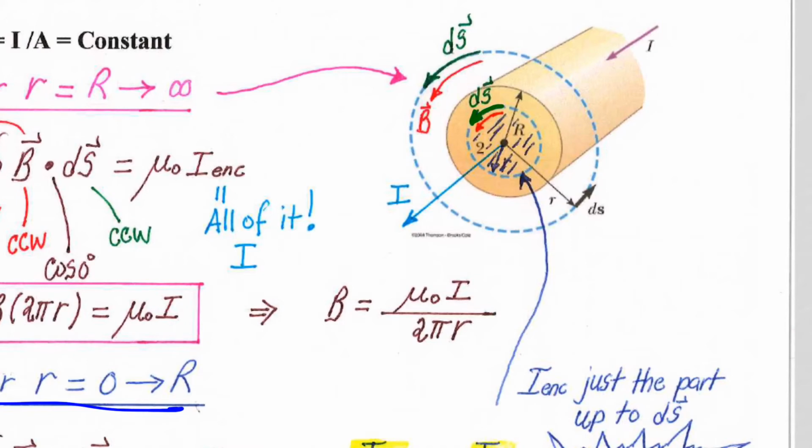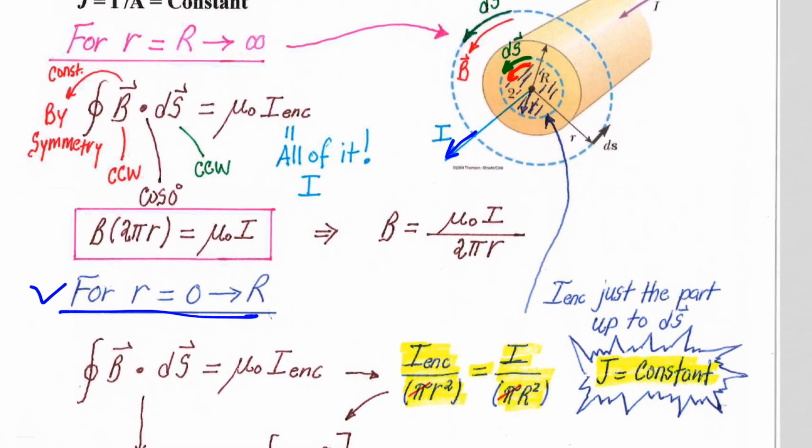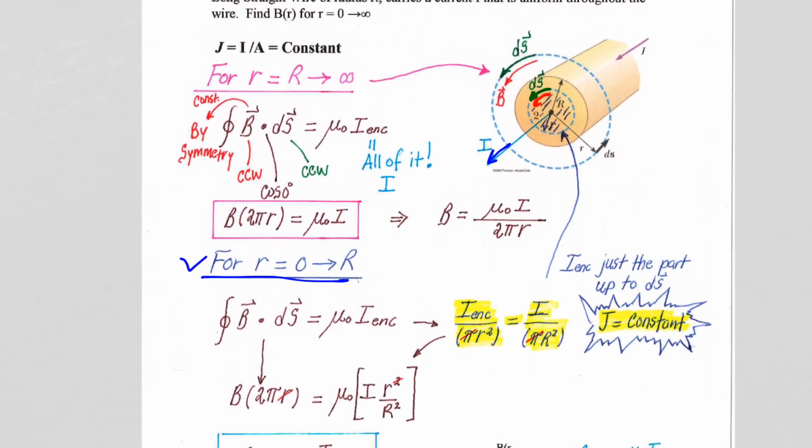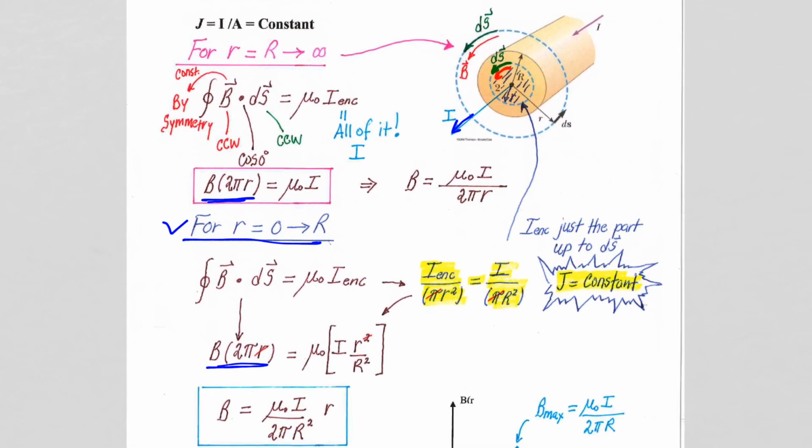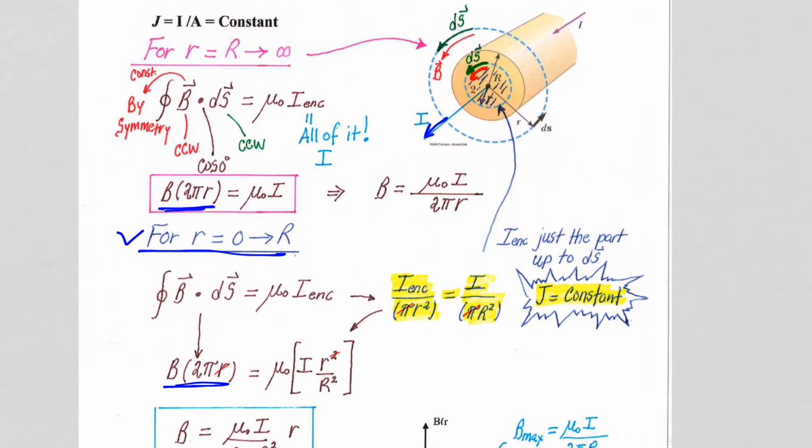The current is coming out of the paper, just like it was. So the magnetic field from the enclosed current goes counterclockwise, cosine of 0. So the left-hand side of Ampere's law remains the same. So the B times 2 pi r remains the same. And now the only thing we have to handle is the I enclosed being this shaded region.